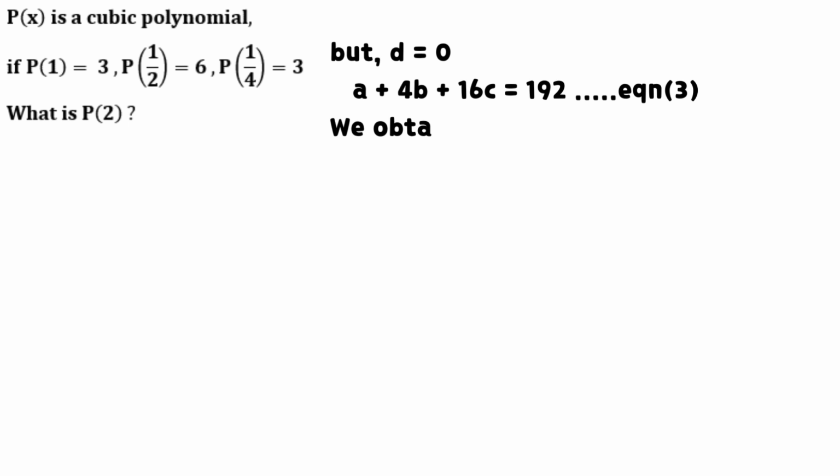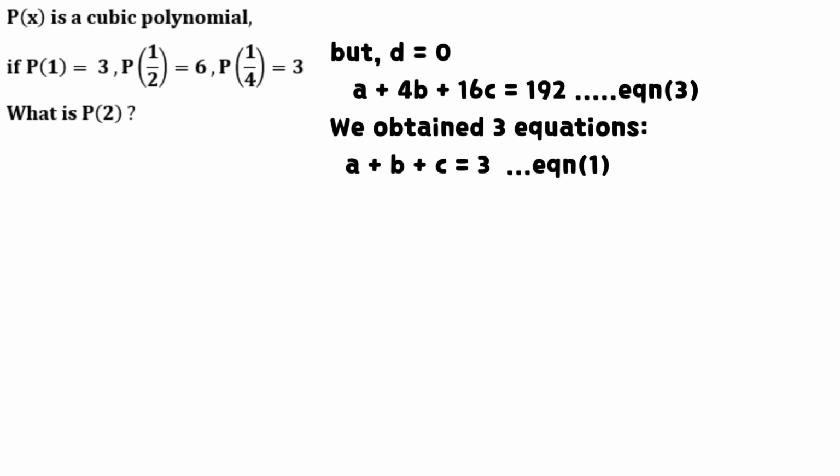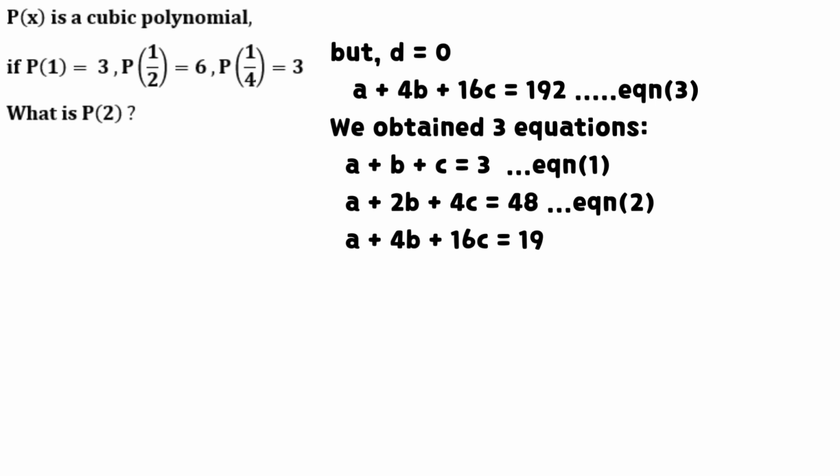But d equals 0. The sum of a, 4 times b, and 16 times c equals 192. We call it equation 3.